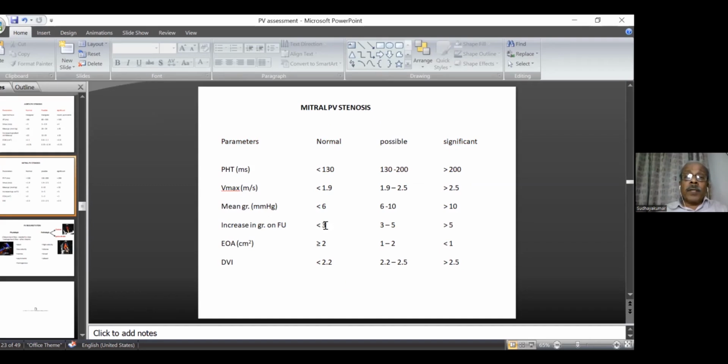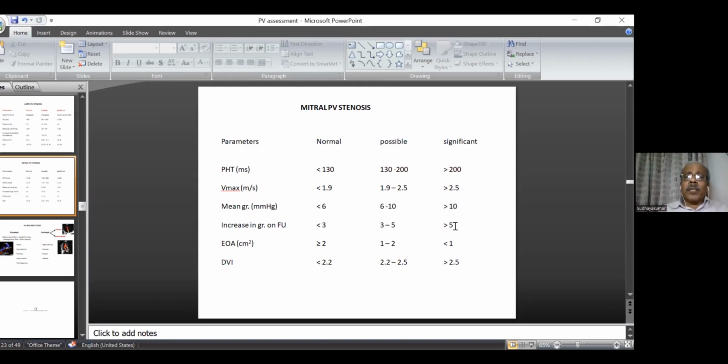On follow-up, if the gradient increases by more than 5 millimeters, it is significant. Effective orifice area is less than 1 centimeter square, and Doppler velocity index more than 2.5. These are the parameters of mitral prosthetic valve stenosis: pressure half time more than 200, Vmax more than 2.5, mean gradient more than 10, and on follow-up if it increases by more than 5.